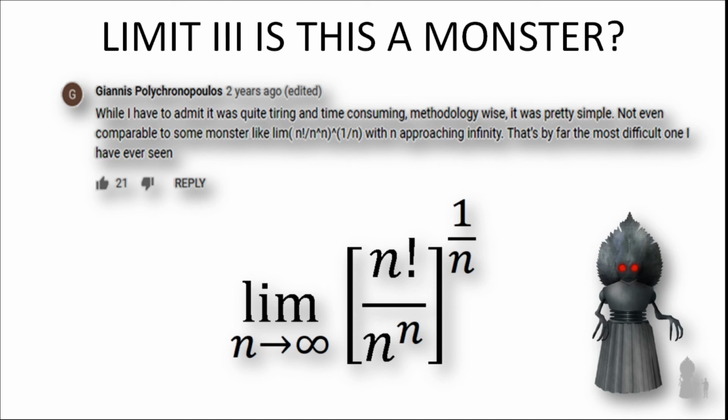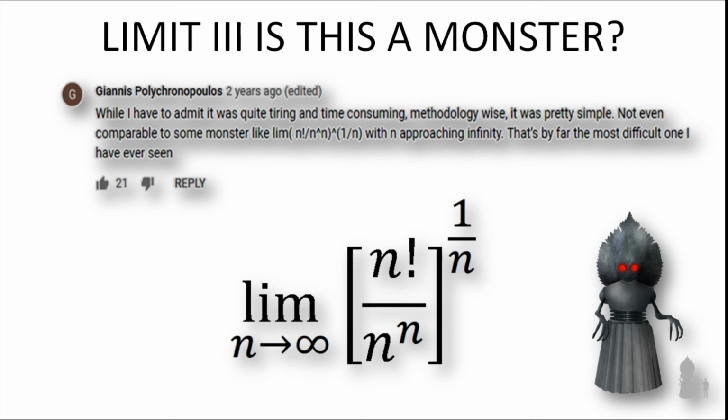That is by far the most difficult one I have ever seen, he commented. When I first saw this comment, I could not help myself smiling. As a physicist, I well know the limit is simply 1 over e, the reciprocal of Euler's constant.